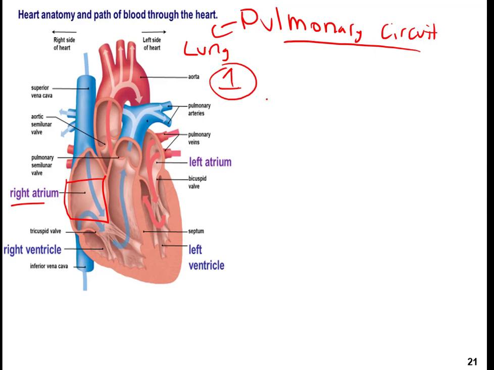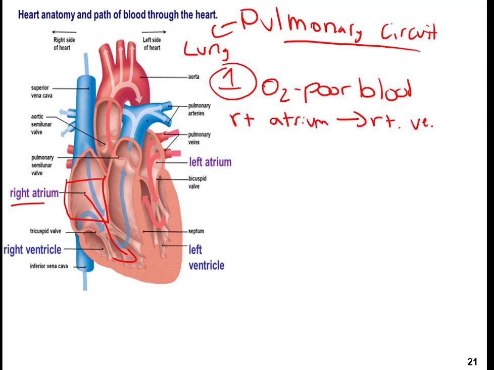So in our first step, oxygen poor blood is going to move from the right atrium through the tricuspid valve into the right ventricle. So oxygen poor blood goes from the right atrium to the right ventricle through that tricuspid valve.